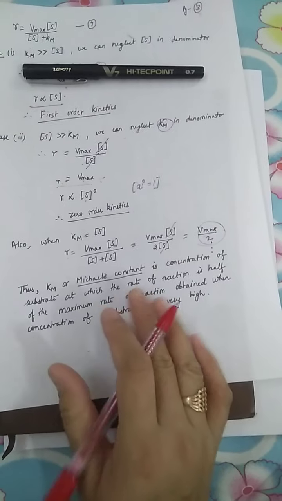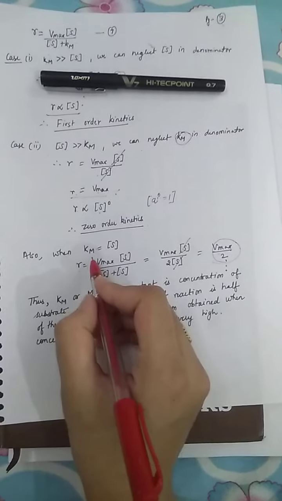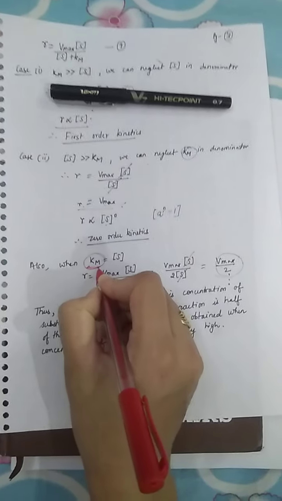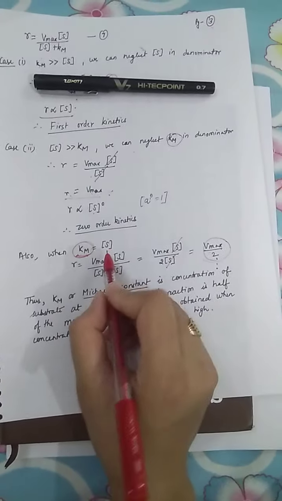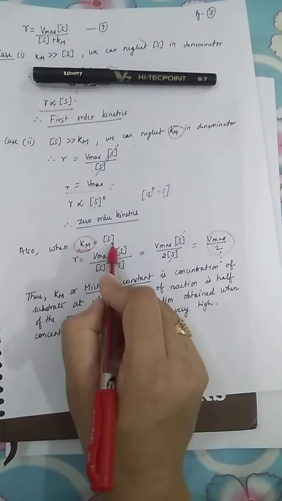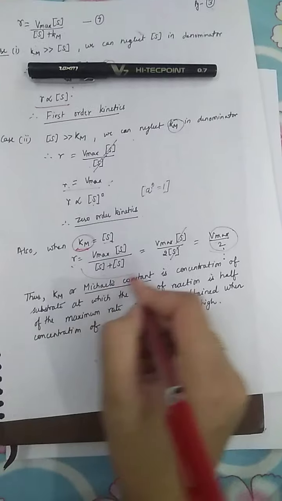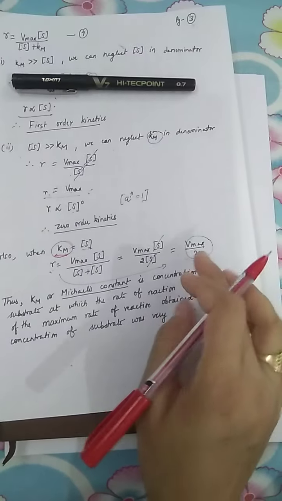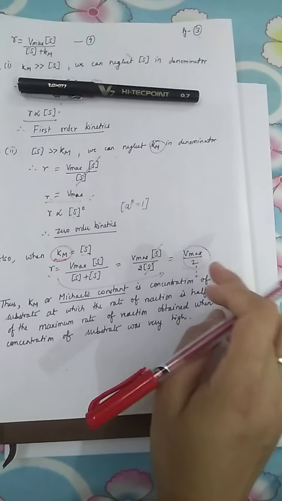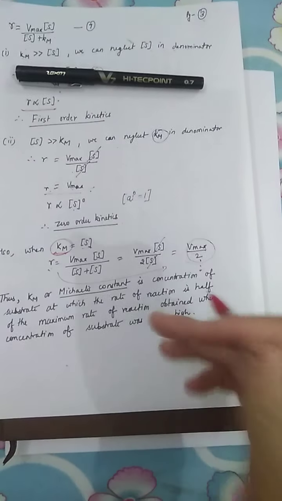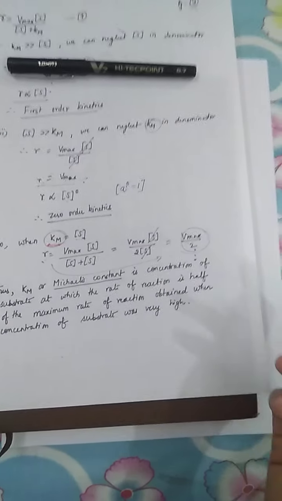So we can say that our Michaelis constant is the concentration of substrate at which our rate of reaction becomes equal to half of the maximum rate of reaction, which is obtained when substrate concentration is very high.